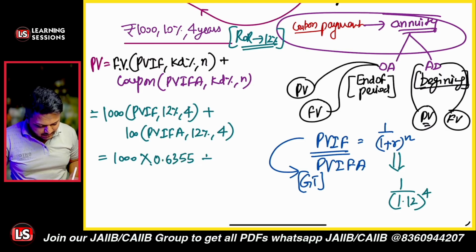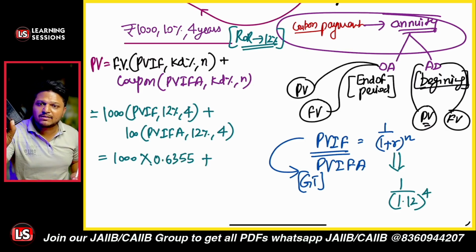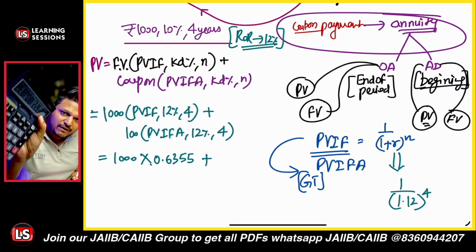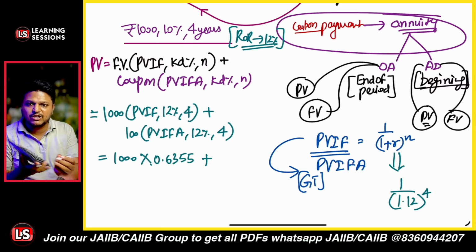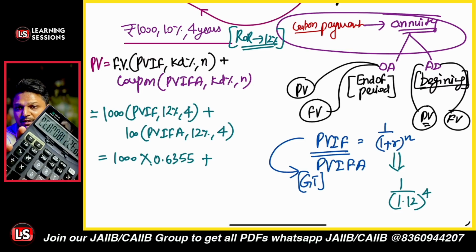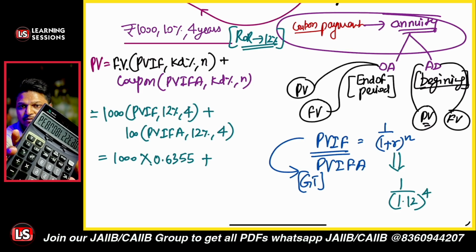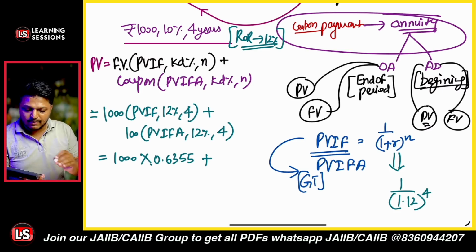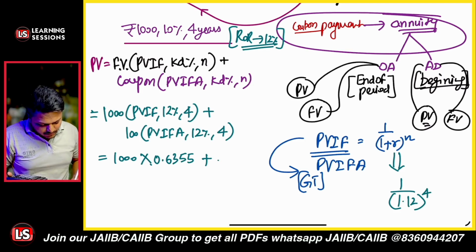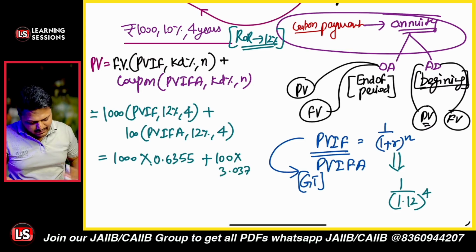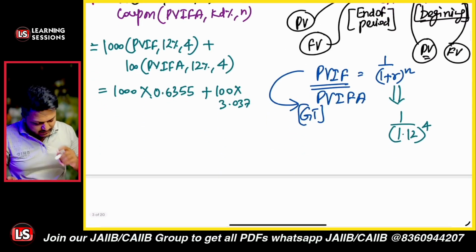0.6355, right? I have done nothing else; 0.6355 is simply written on the calculator right now. And I'll be simply pressing the GT button. If you're able to locate the GT button on this side, I'll be pressing it now. So it comes out to be 3.037, and that is the PVIFA.